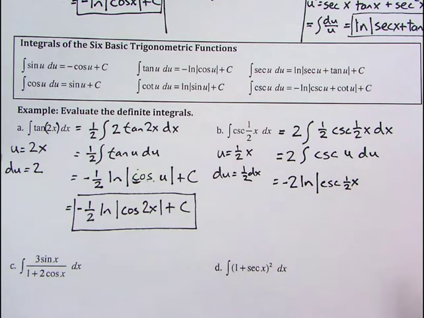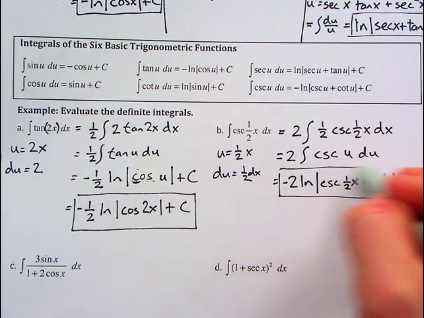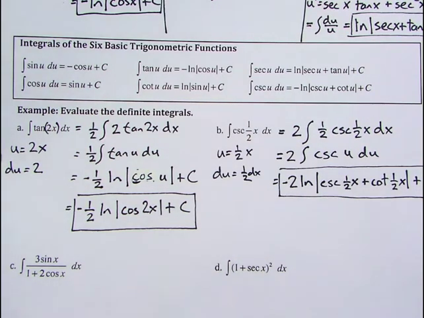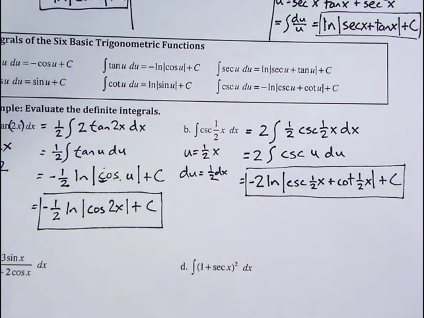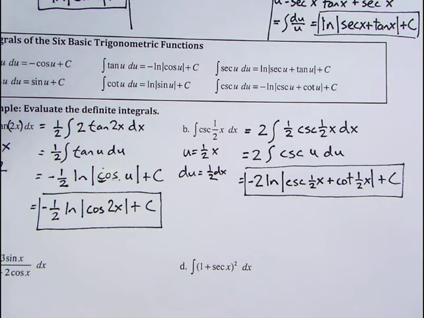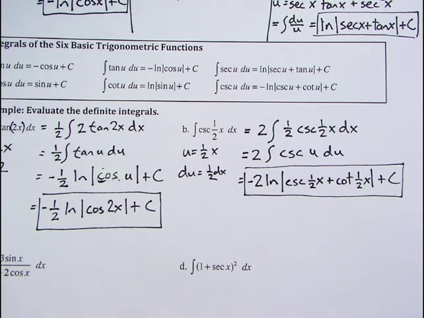So cosecant 1/2 x plus cotangent 1/2 x plus c.